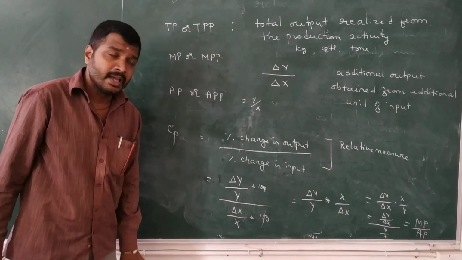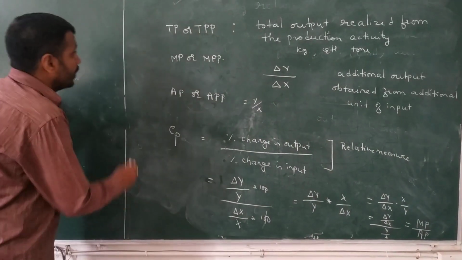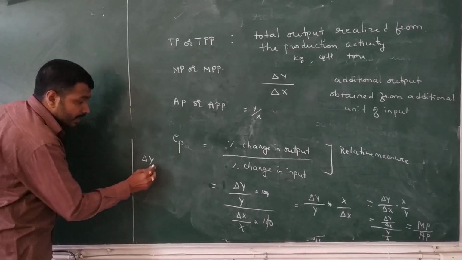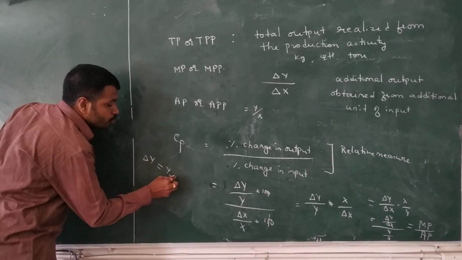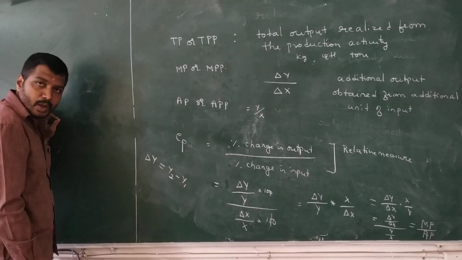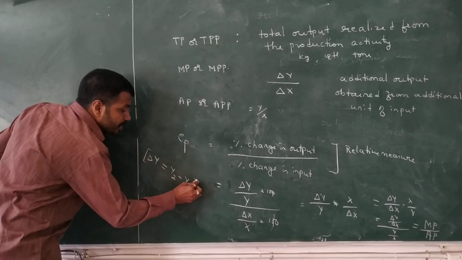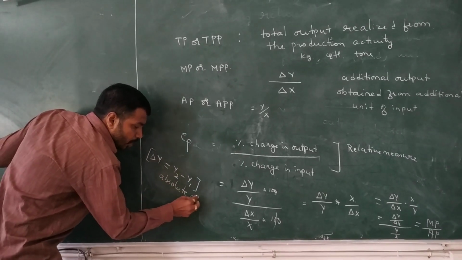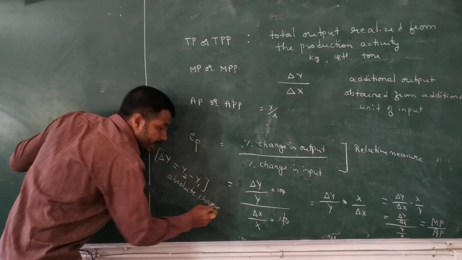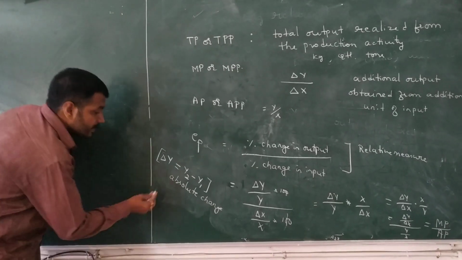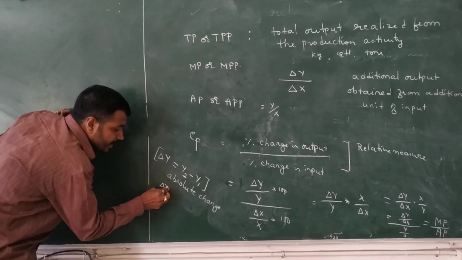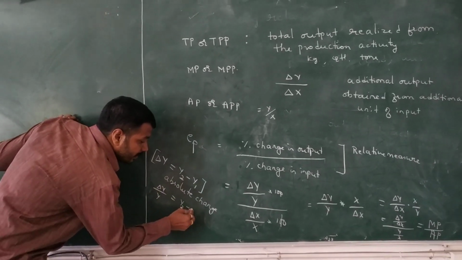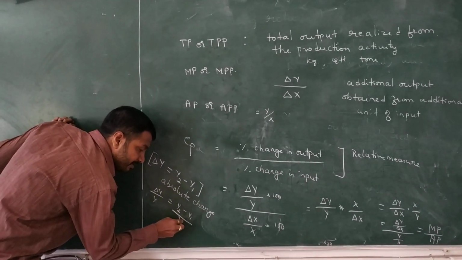Is it clear? So you need to remember now, if I represent delta y, this used to be y2 minus y1. This sort of change we call absolute change. Now if I write delta y by y, here it used to be y2 minus y1 from y1.